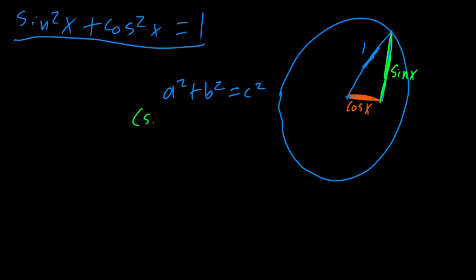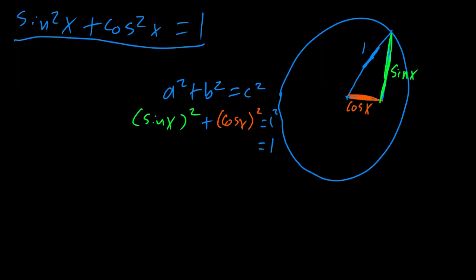So we have sine of x squared plus, for b, cosine x squared is equal to 1 squared, which is just 1.